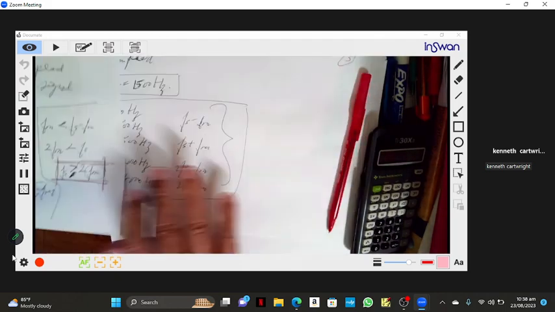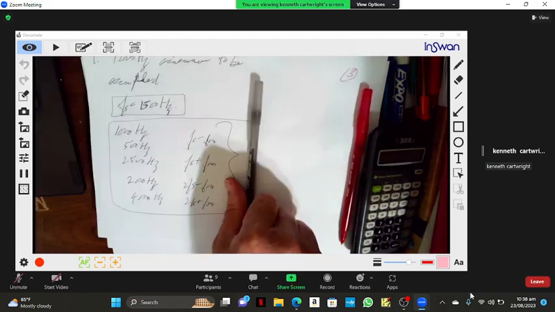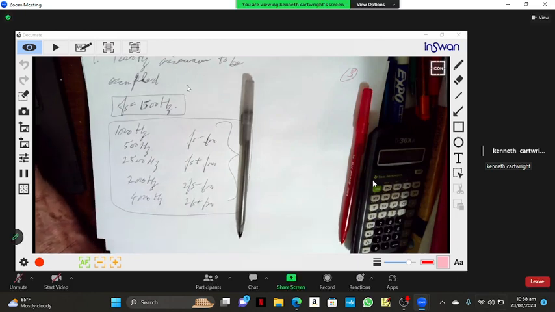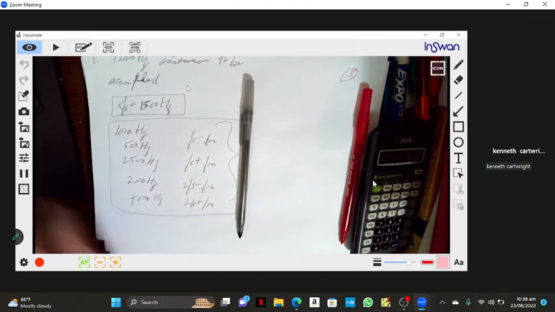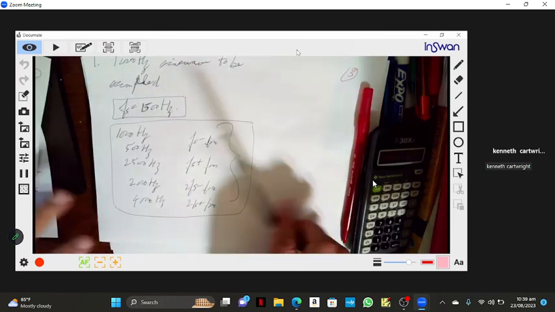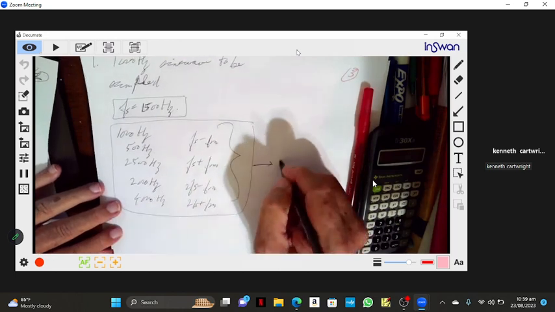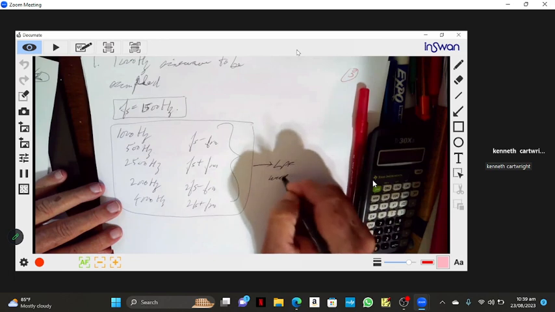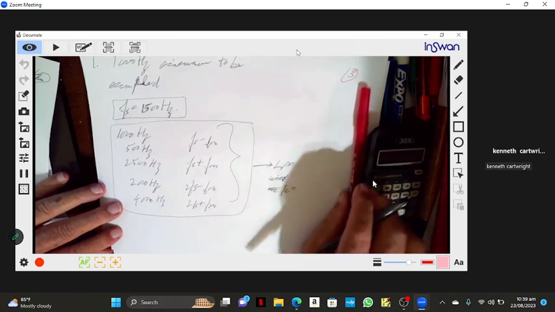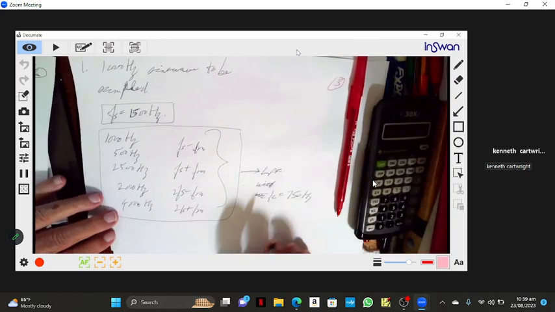So what frequencies will we get when we pass the sample signal through a low-pass filter with FC equal to 750 hertz?